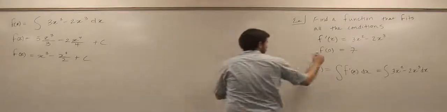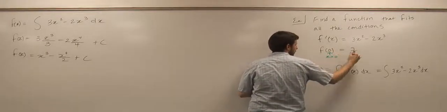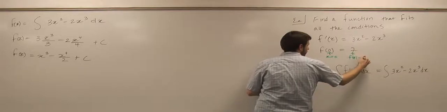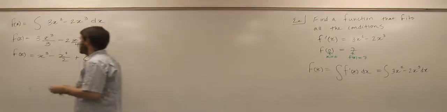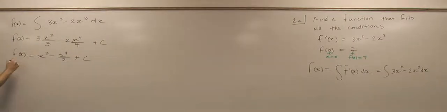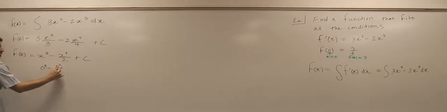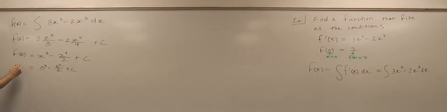So if I put 0 in here for all the x's, that should equal 7. But everything drops out, and I'm left with the equation that c equals 7.